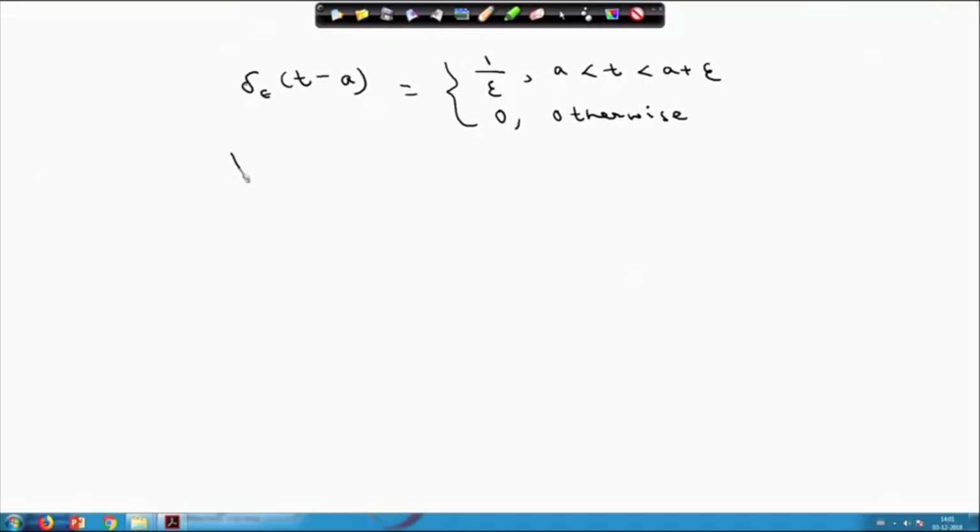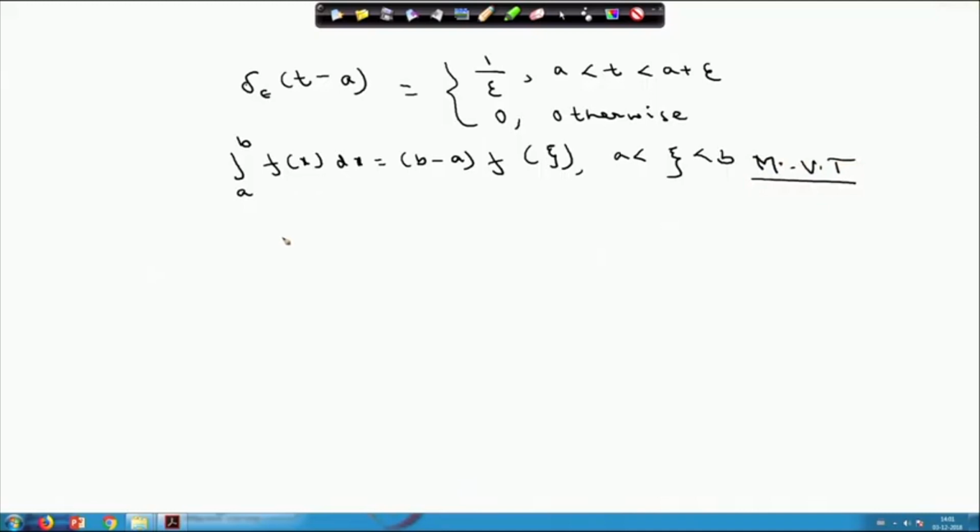If you recall, integral a to b f x dx equals, you can write down this thing, where xi lies between a to b, and this is nothing but the MVT, that is the mean value theorem. From the mean value theorem, you can write down this thing.